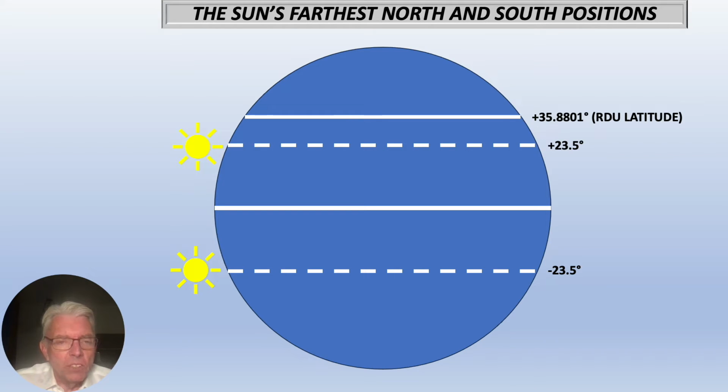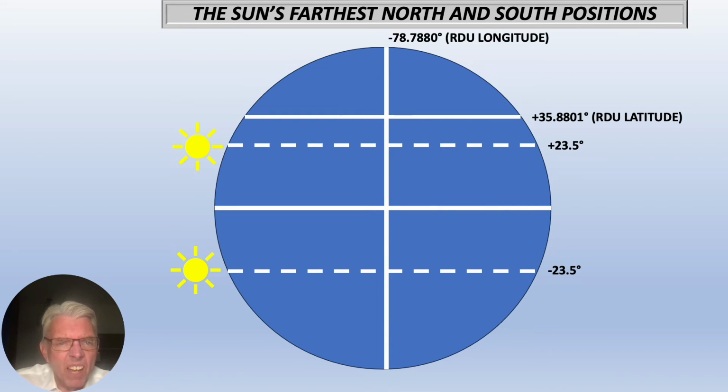And then when it's down at minus 23.5, then it's very low in the sky compared to what it is in the summertime, only about 30 degrees above the horizon. Now, there's the RDU longitude, and for the purposes of this argument, we'll put it right in the middle there at minus 78.7880.